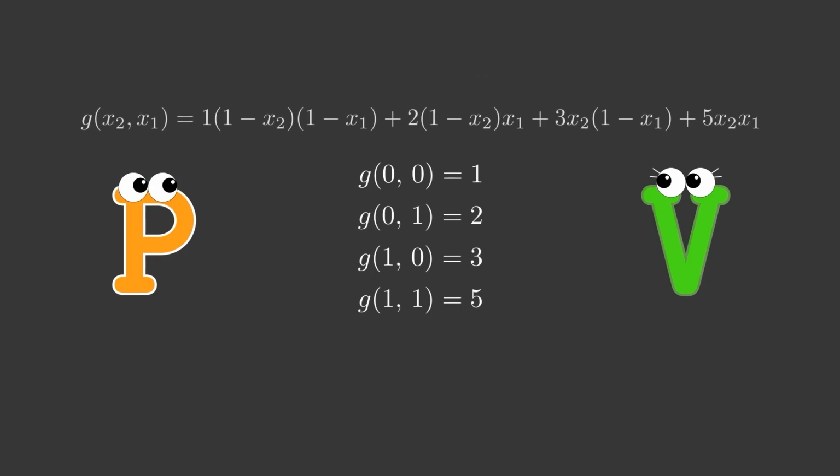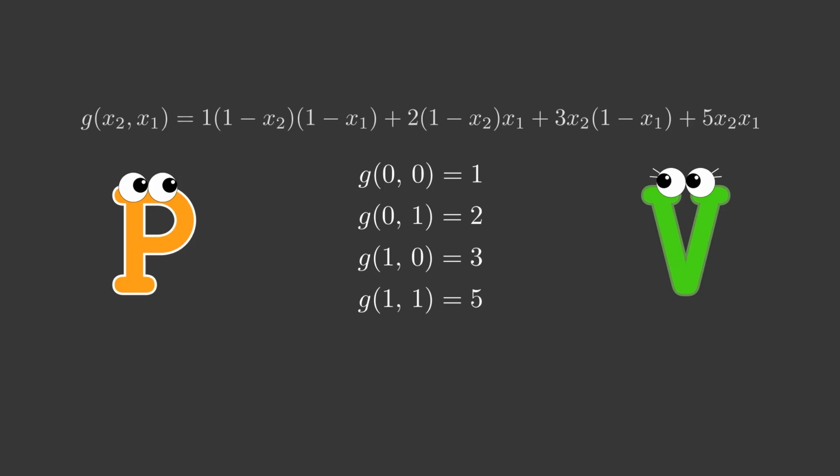Then the MLE is g at x_2, x_1 equals 1 times (1 minus x_2) times (1 minus x_1) plus 2 times (1 minus x_2) times x_1 plus 3 times x_2 times (1 minus x_1) plus 5 times x_2 times x_1.